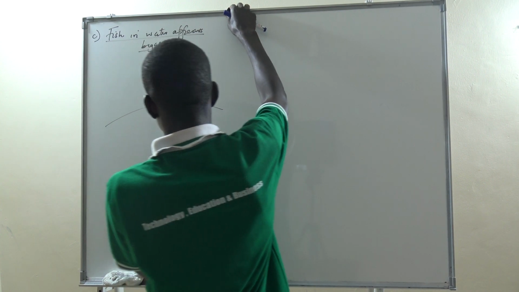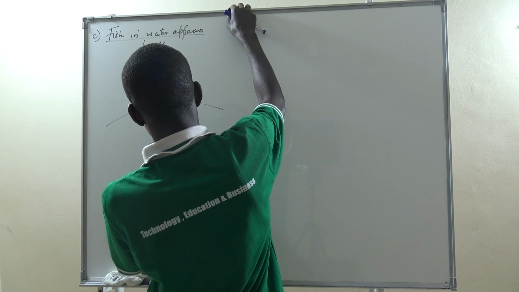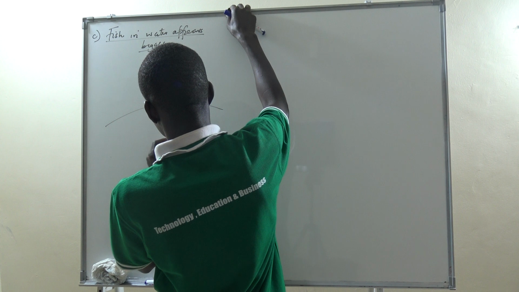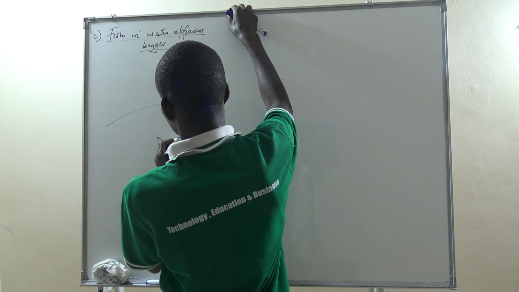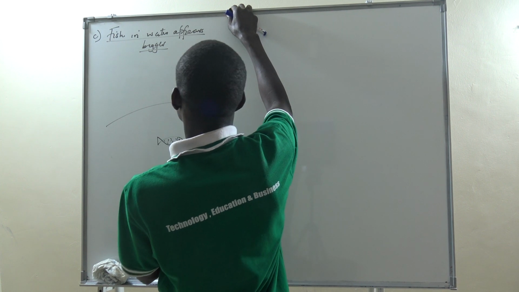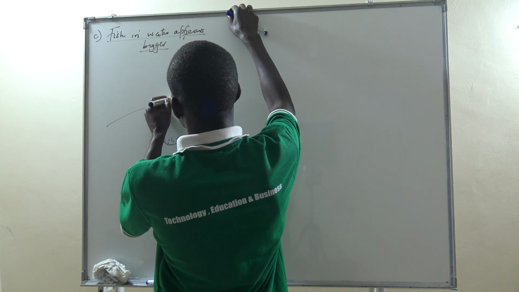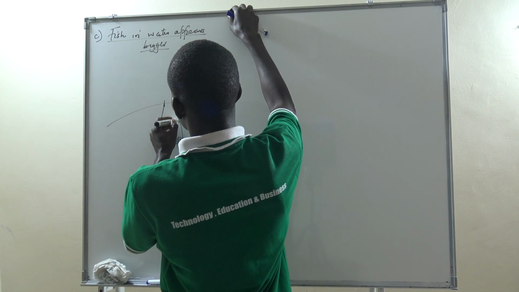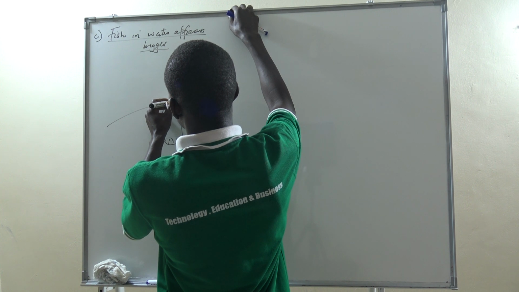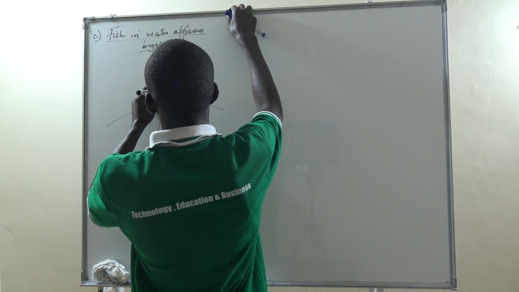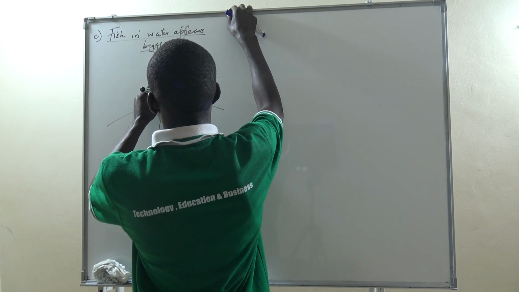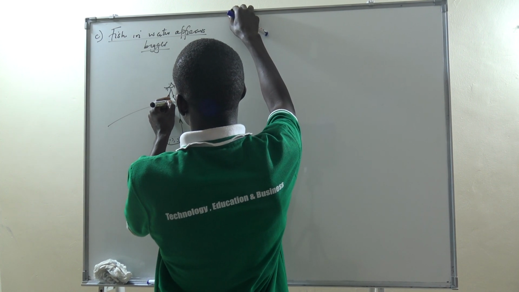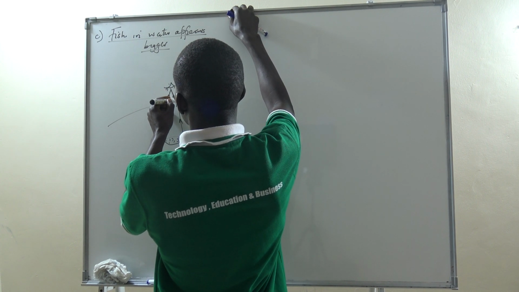I can make some drawing like that, if this is my fish, okay, what happened is light rays from here, because it is moving here, it will be refracted in someone's eye here, and in that person's eye, the refraction will not be noticed, okay?